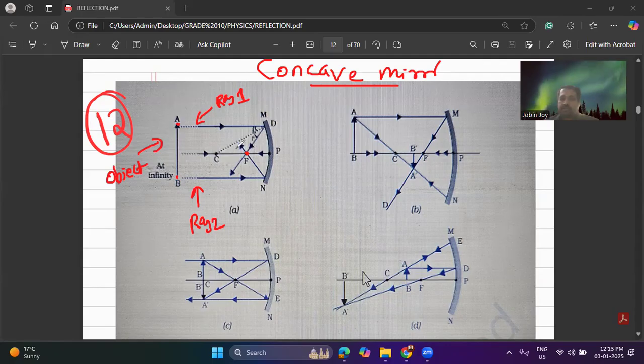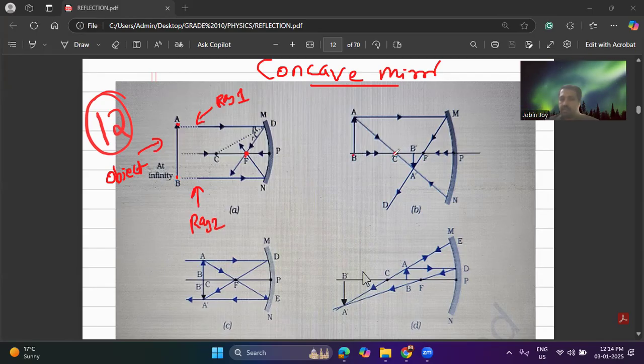This image is in front of this mirror. So this is called real. So if the object is at infinity, the image will be point sized and real.